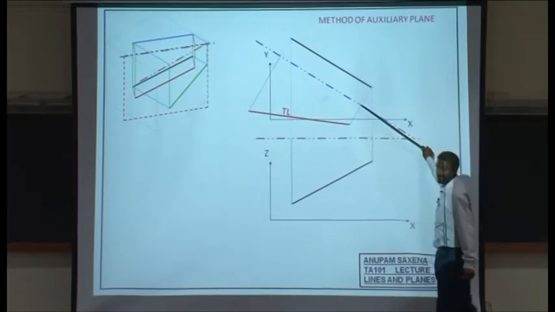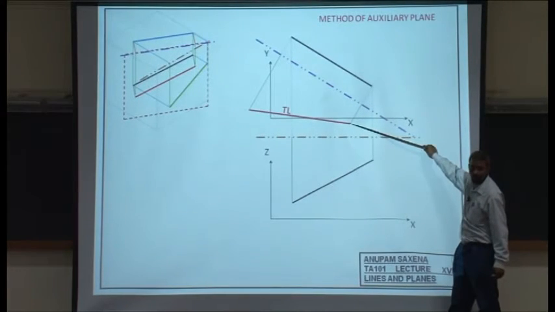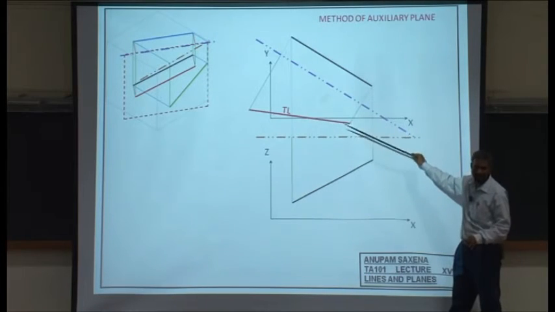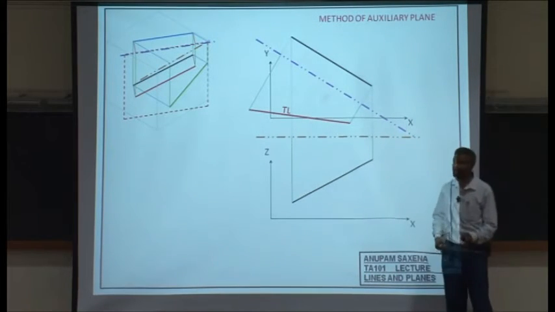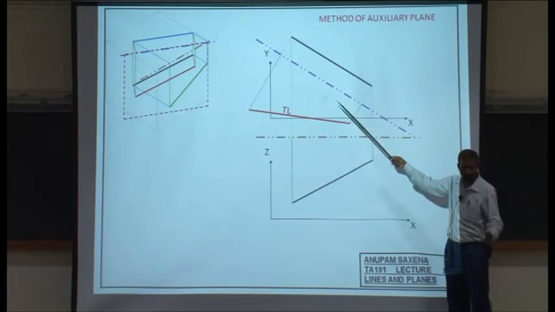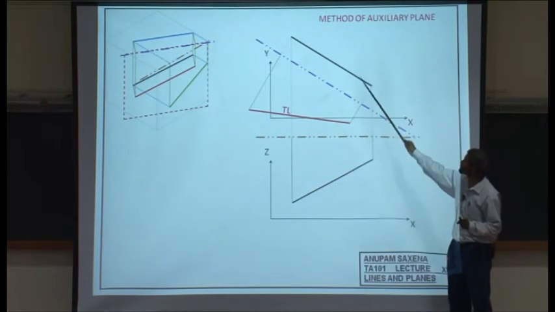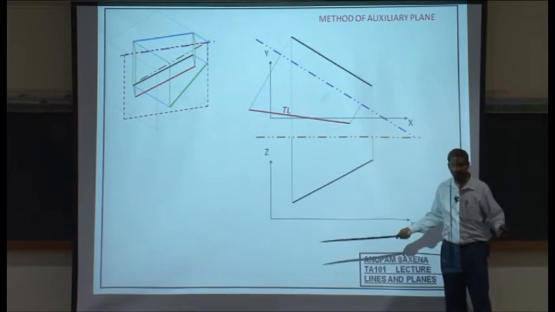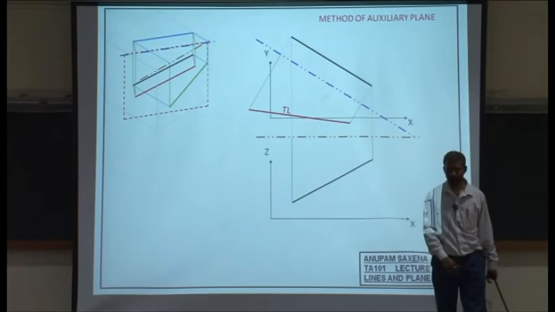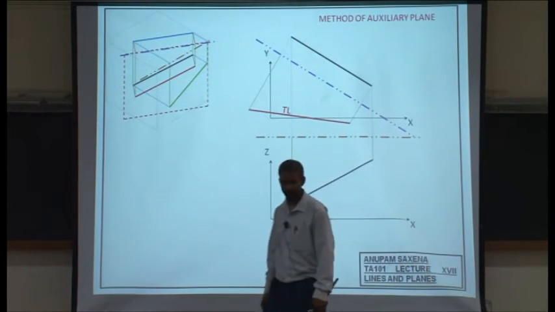If you don't draw this line, and if you take projections directly from here, this is a very simple example. But in more complex examples, you're going to be needing this view not once, not twice, but quite a few times. When you need this view, you don't want to lose this projection. If you lose that, you're confused. Right?